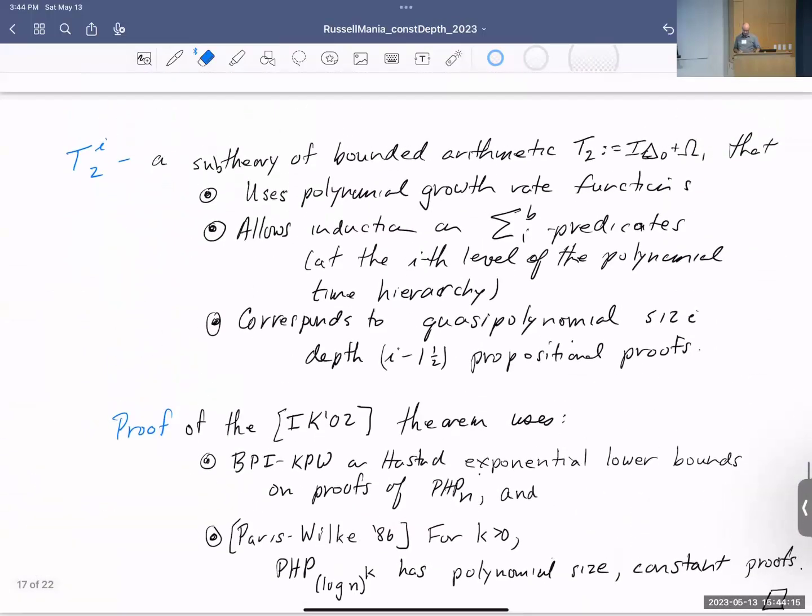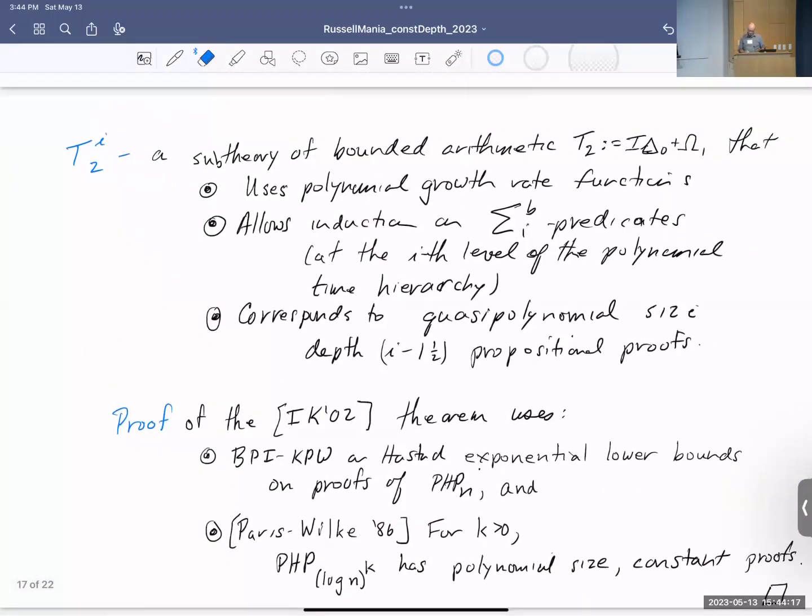So basically the idea of the proof is at the bottom of this slide. You take the exponential lower bounds on proofs of the pigeonhole principle, the original forms due to, sorry, that's the wrong initials, right? Yeah, okay.